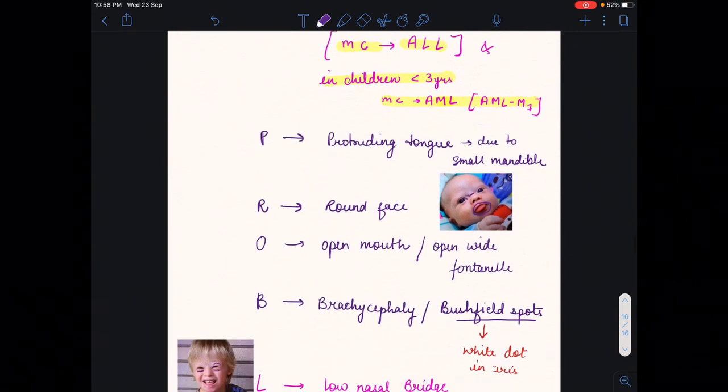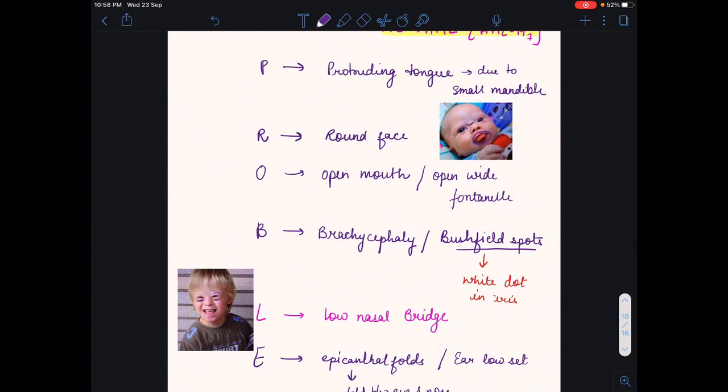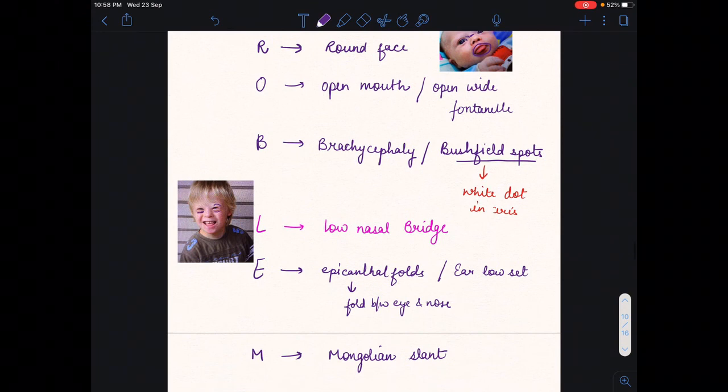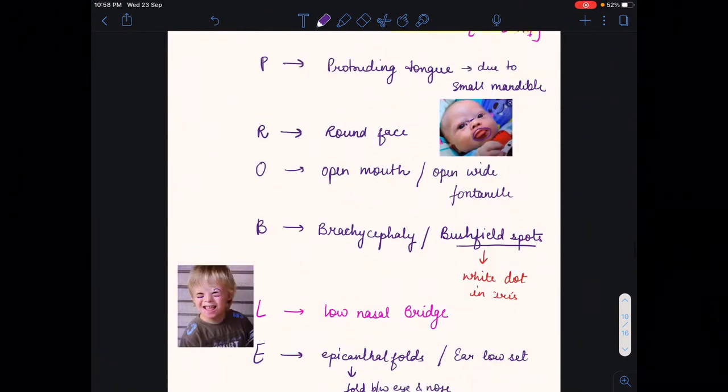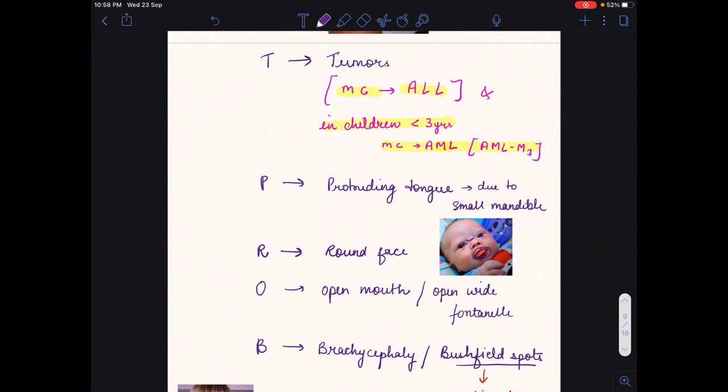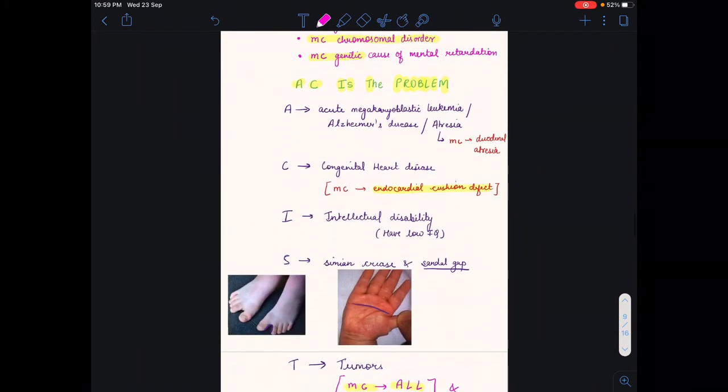R for round face, O for open mouth, B for brachycephaly and Brushfield spots, L for low nasal bridge, E for epicanthal folds and low set ears, and M for Mongolian slant. So we should remember this trick, AC is the problem, and we can learn all the clinical features related to Down syndrome.